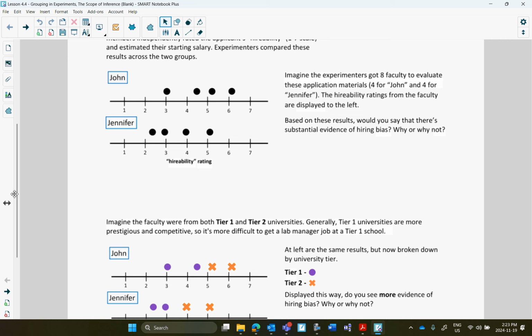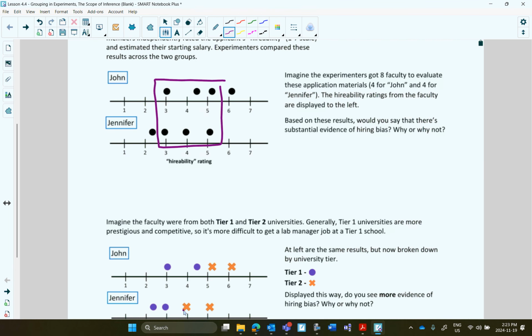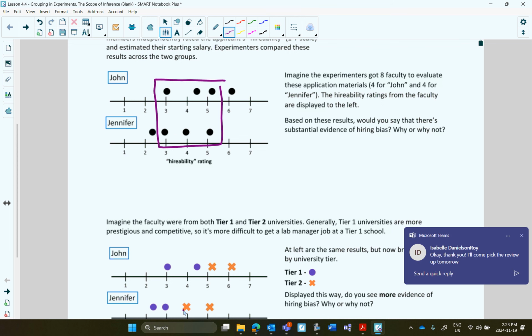Does there seem to be substantial evidence of hiring bias? No, I mean, John is favored, but there's some overlap here. And really, there's one situation where John's given a high one and Jennifer's given a low one. So it's not huge, right?